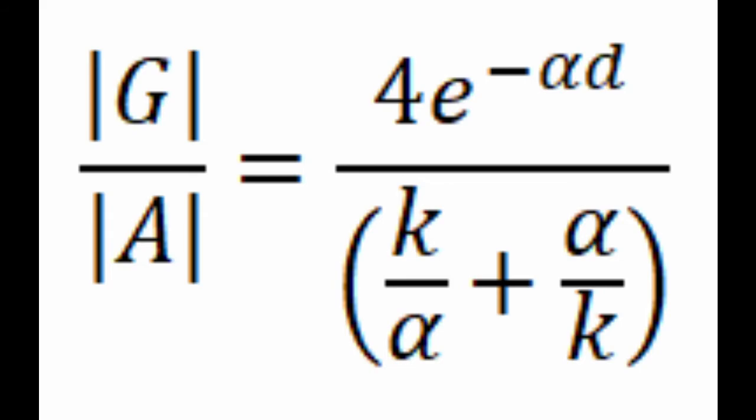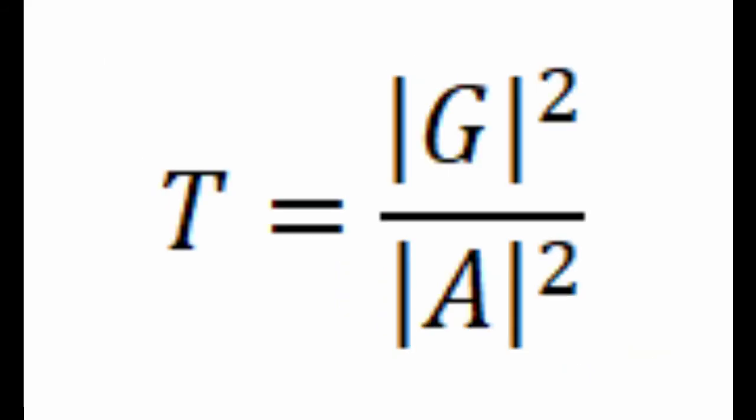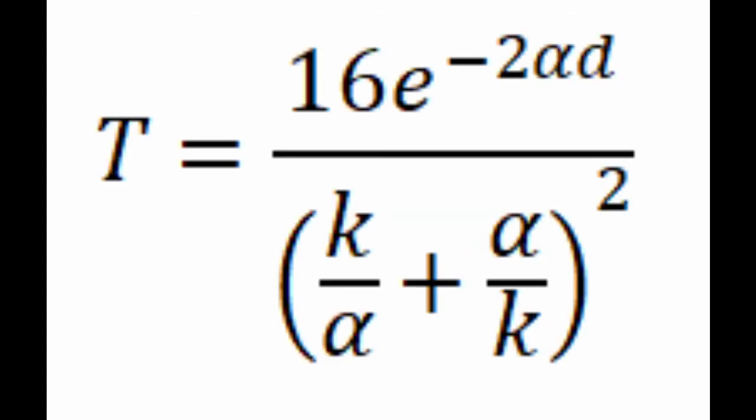Now using this, we can find the transmission coefficient T. That is done by squaring both the modulus of G and the modulus of A, and then finding the ratio between them, which is given by that. And so when you solve that, we will get this value. So this is the probability for one electron to tunnel through a potential barrier with width d.